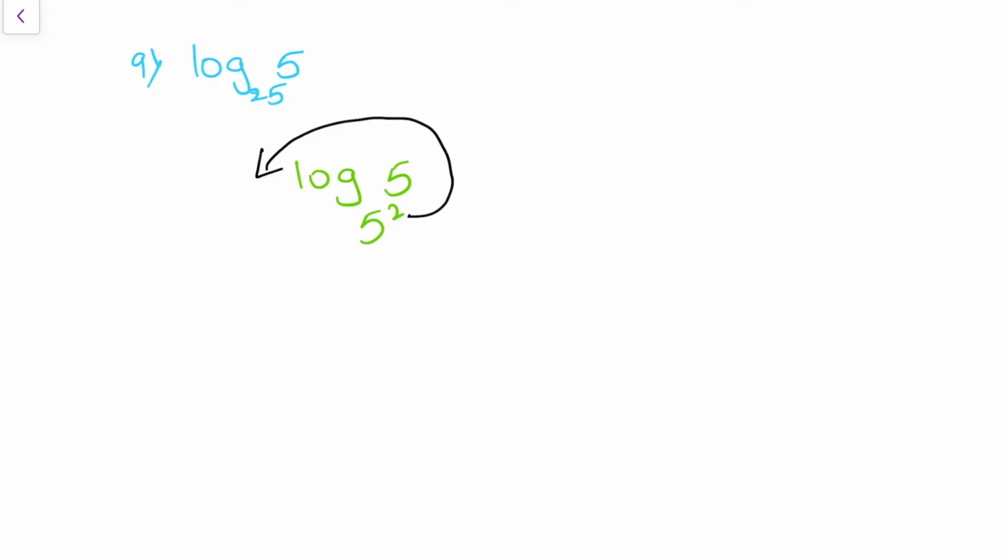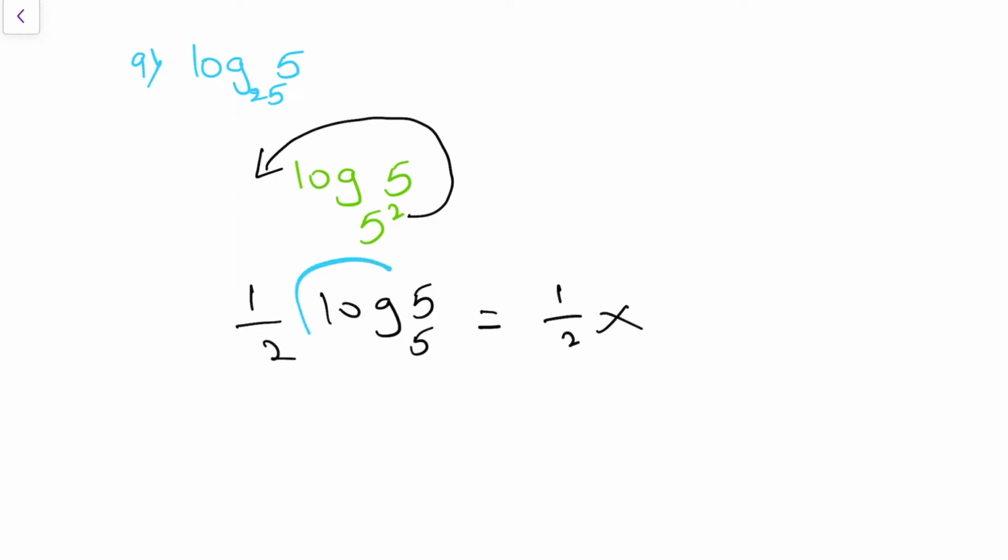So here 2 is the power for the base, so it is going to the front. Now 2 will become reciprocal, that is 1 by 2. Remaining all as it is. Log 5 base 5 is equals to 1 by 2 into the value of log 5 base 5, which is 1. So 1 by 2 into 1 is equals to 1 by 2.